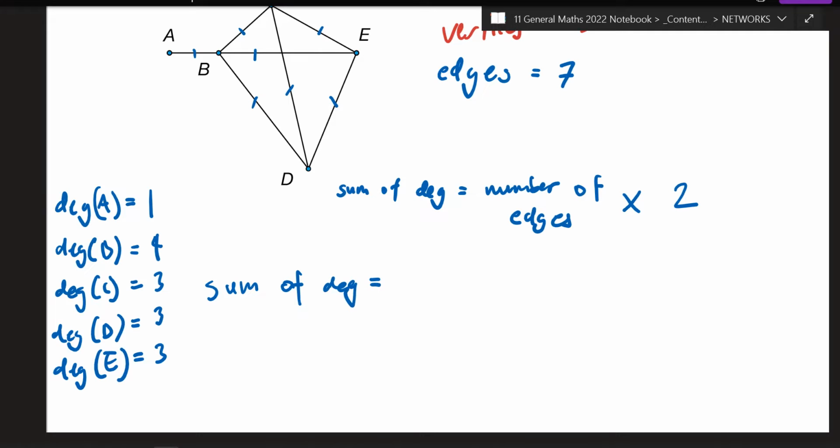You don't want to be doing this because it takes way too long. But if you add them all up: 5, 8, 11, plus 3, 14.